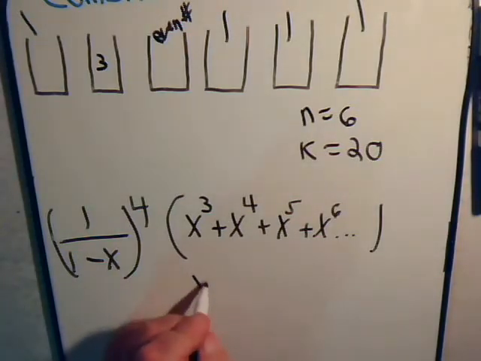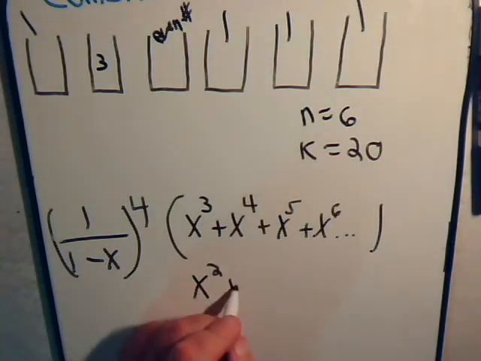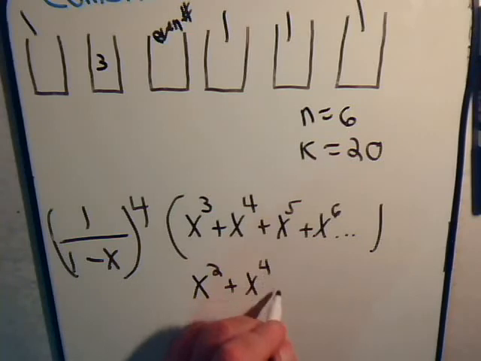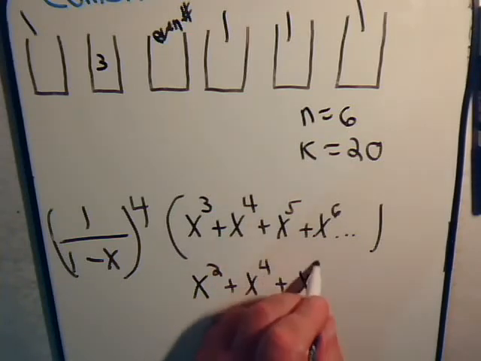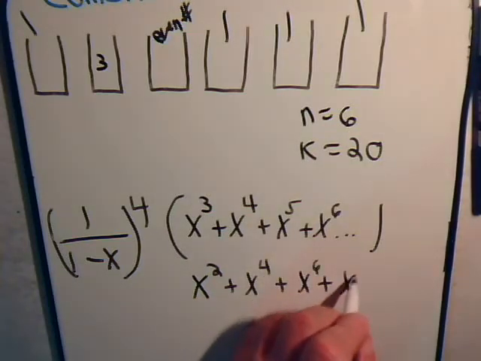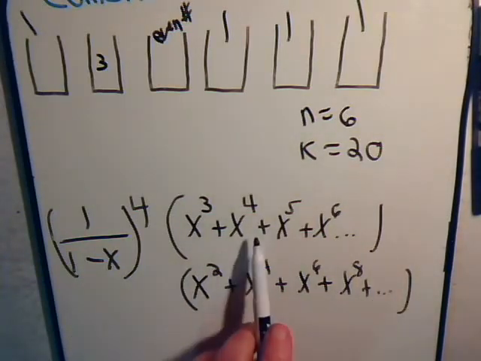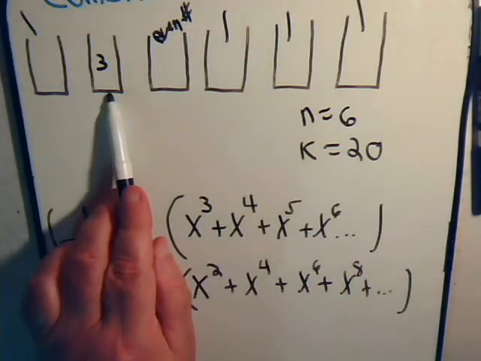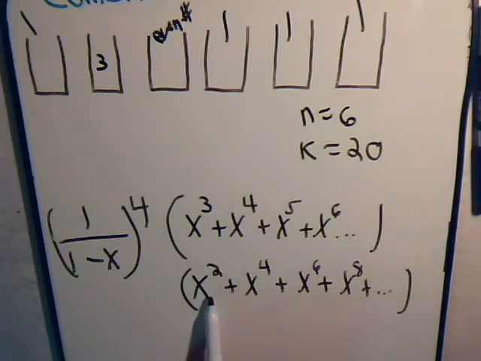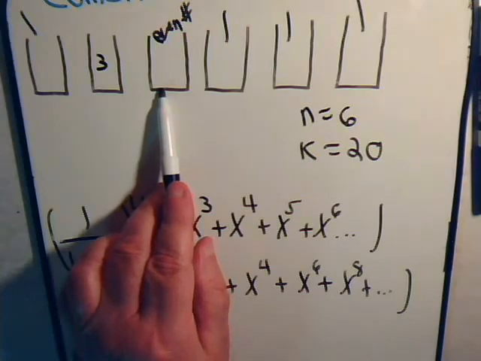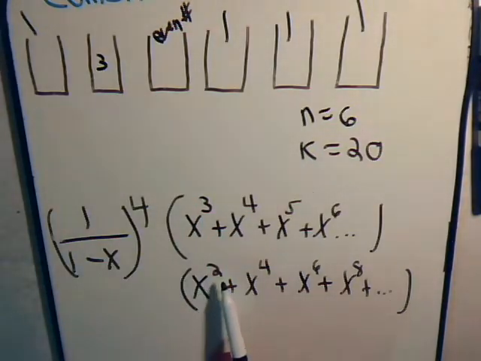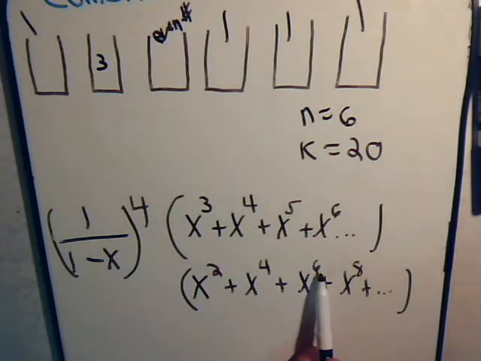So that would be x squared plus x to the 4th plus x to the 6th plus x to the 8th, and so forth. So this would be the generating function for this barrel with the proviso that we have to take an even number of pieces of candy.